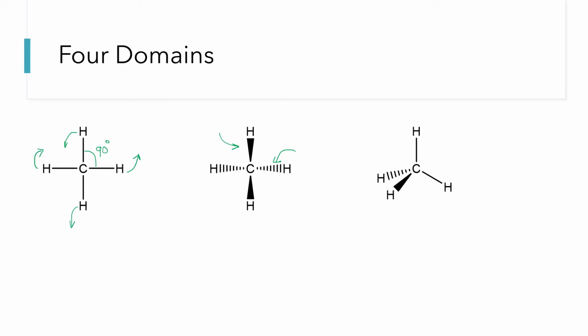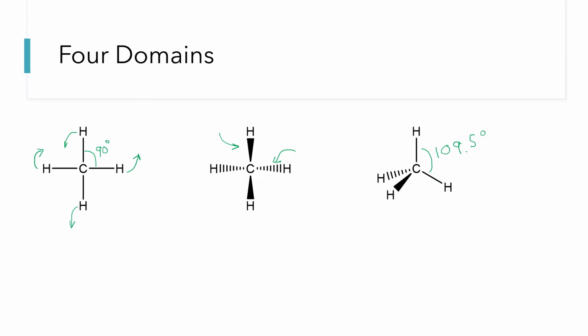It's written like this. When we draw it this way, the top hydrogen, the carbon, and the hydrogen to the right are all in the same plane. And we can see that's actually a bit bigger than 90 degrees. Turns out it's 109.5 degrees. And it doesn't matter which set of hydrogen, carbon, hydrogen bond angles we look at, they're all the same.